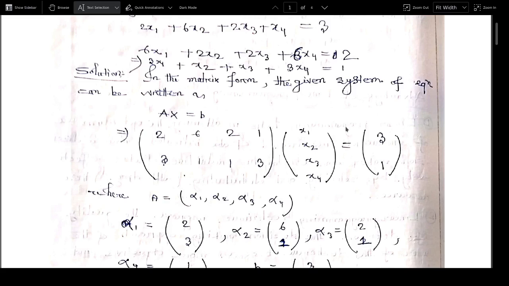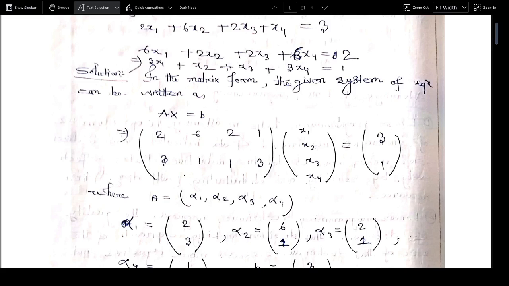In this way we can write the A matrix as alpha 1, alpha 2, alpha 3, alpha 4. Alpha 1 means the first column, 2, 3. Alpha 2 is 6, 1.